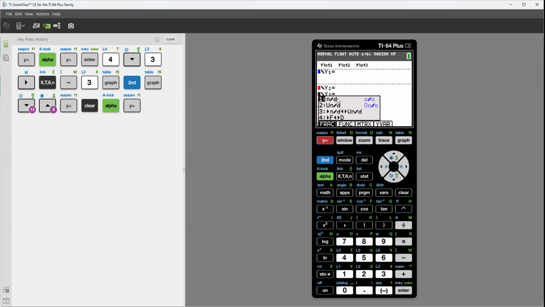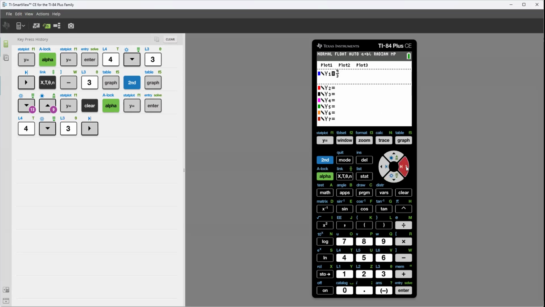Option number 1, n over d is fraction, numerator over denominator. So I just hit enter for that one since it was highlighted. And it brought up my fraction notation. So that was the 4/3. So I put my 4 in, go down and put my 3 in. Then you got to arrow it right to get that cursor out from on the bottom of the fraction.